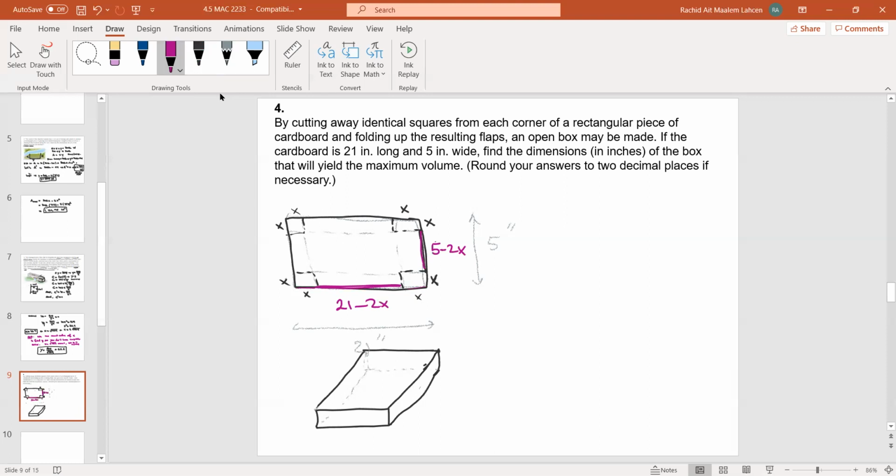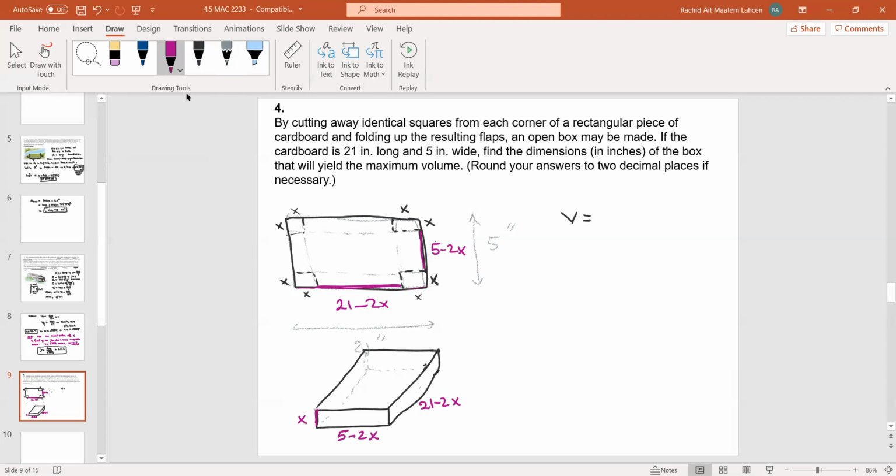So when you fold this box, here is 5 minus 2x for the width and 21 minus 2x for the length. That's how it's going to end up, right? And the volume is going to be, of course, this side here is x. That's the height when you fold it.